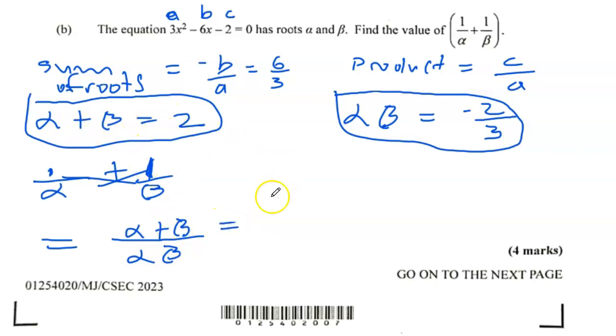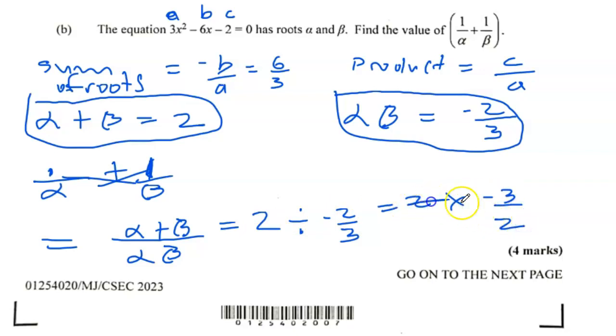Now alpha plus beta is positive 2 divided by alpha beta, which is negative 2/3, which is equivalent to positive 2, we can just multiply by the reciprocal, minus 3 over 2, 2 into itself leaves us with negative 3. So our solution is minus 3.